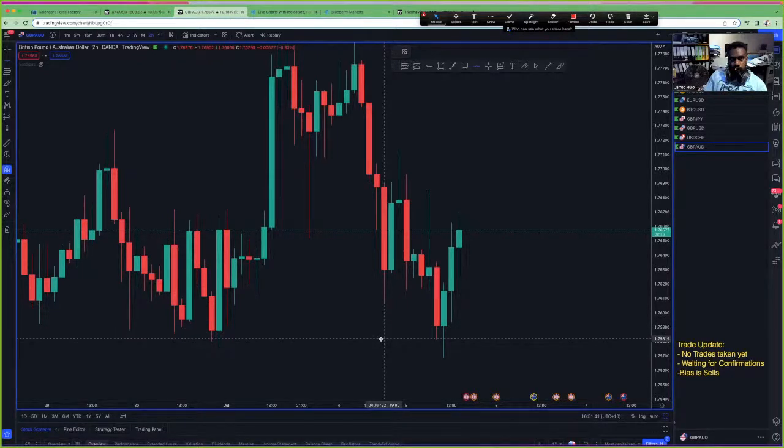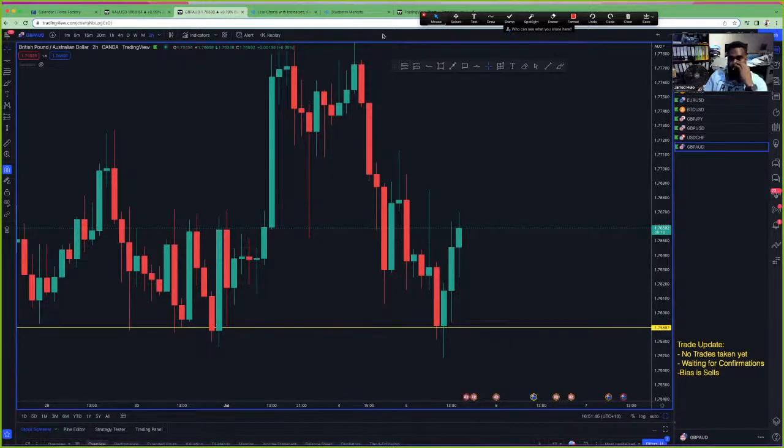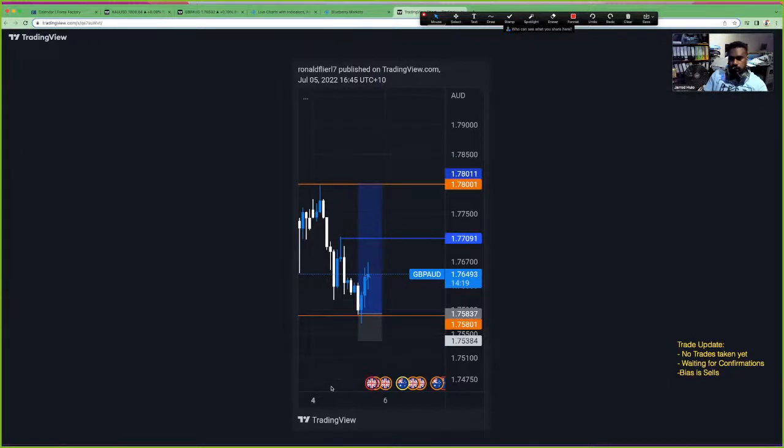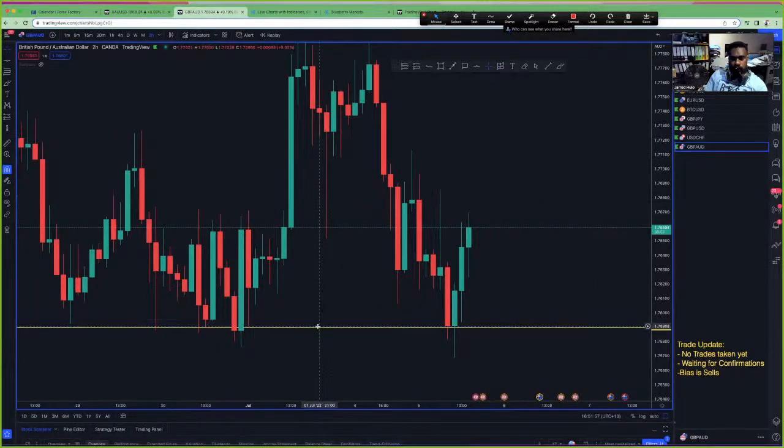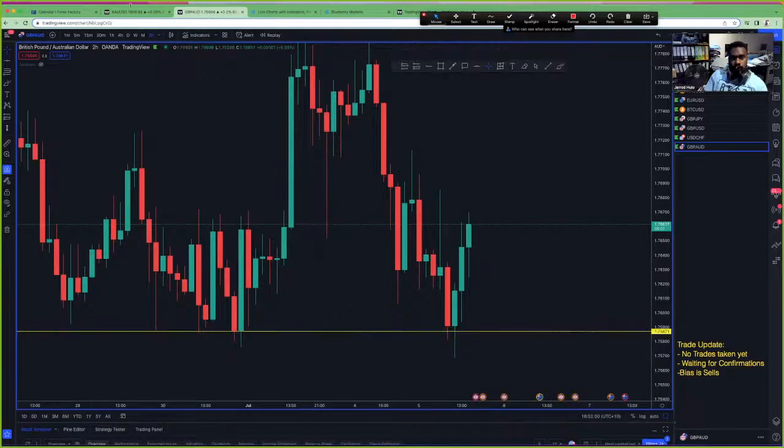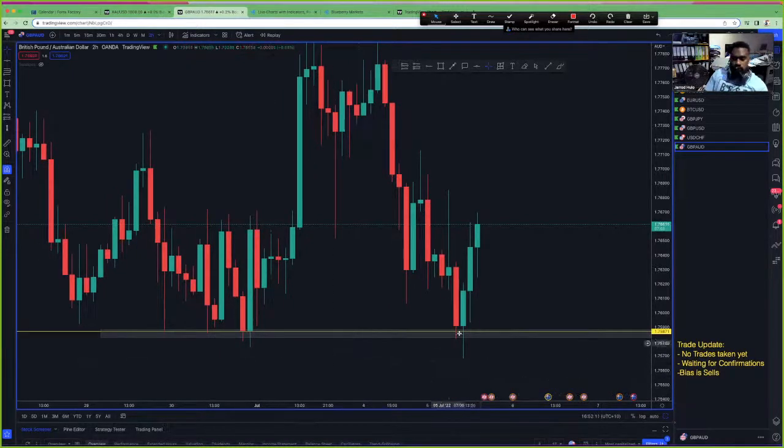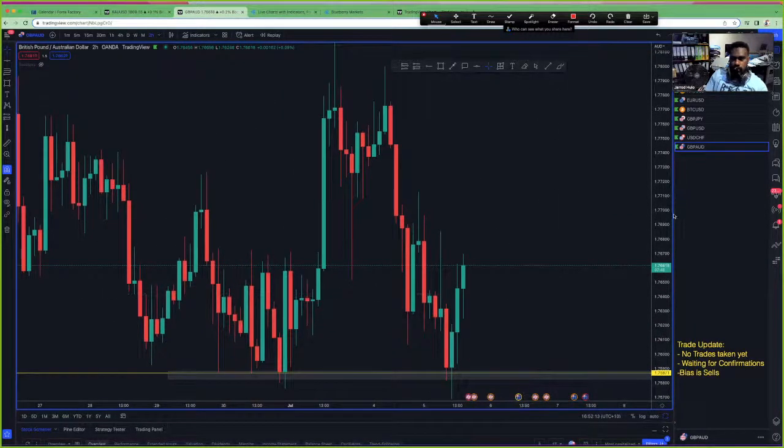Somewhere here. Yeah, looking to the left, we had a support level down here. So price never really broke below 1.75870. Price came back up and now it's pushing bullish.